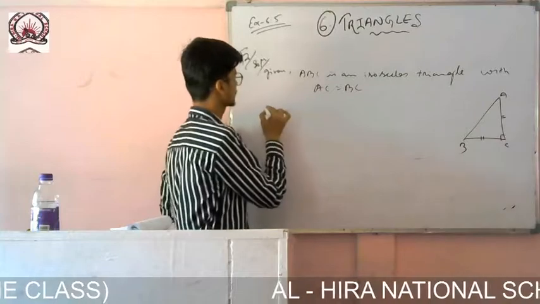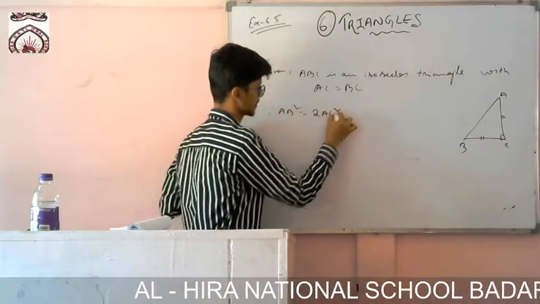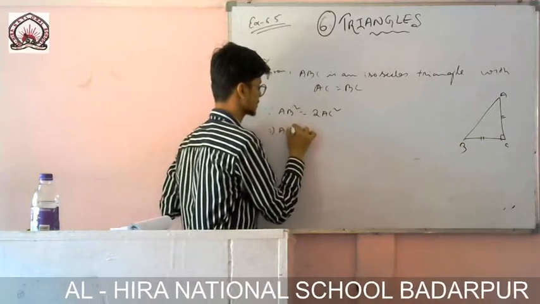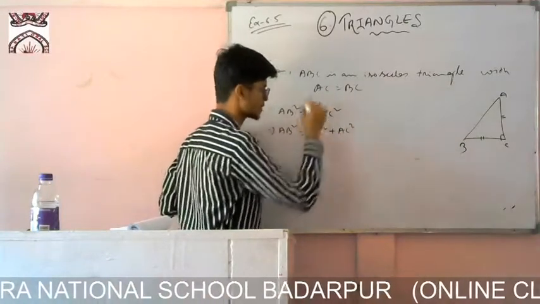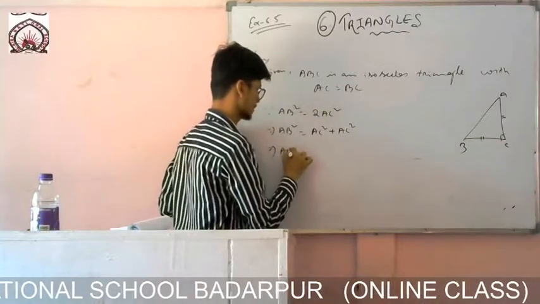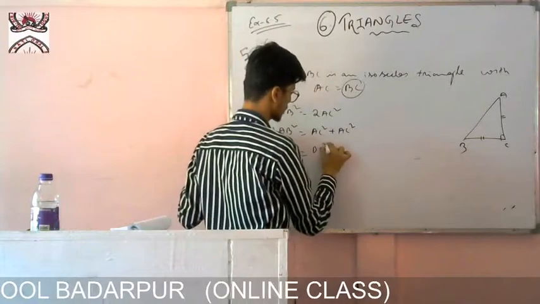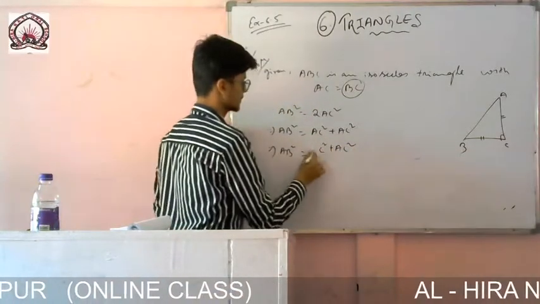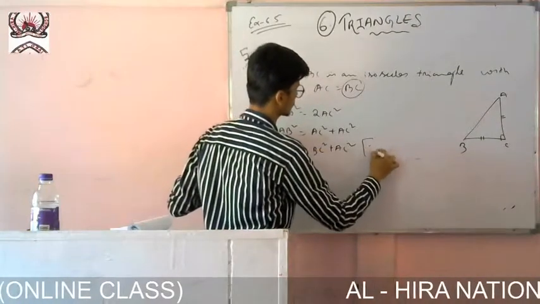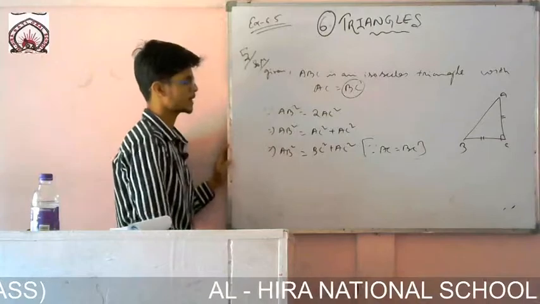Since AB square equals twice AC square, I can write AC square plus AC square, just the reverse of the earlier one. In place of one AC I can write BC, so BC square plus AC square. Now it is the Pythagoras theorem, since AC equals BC.